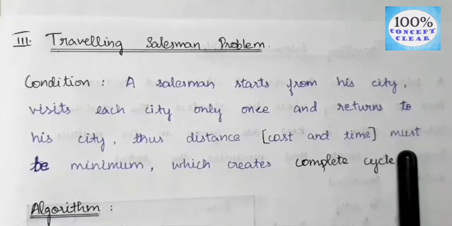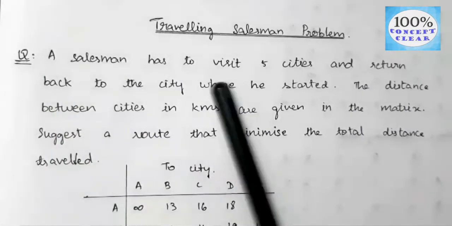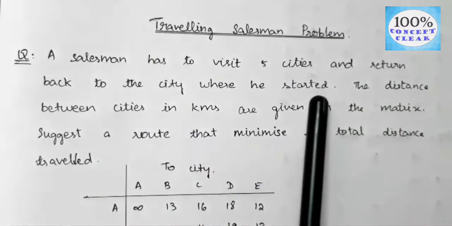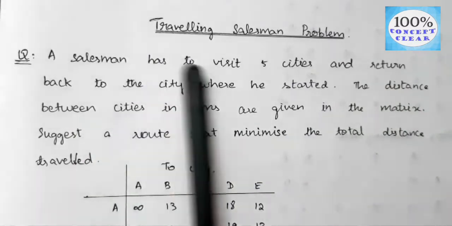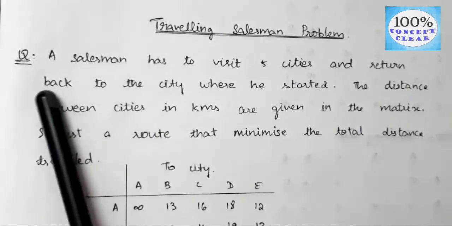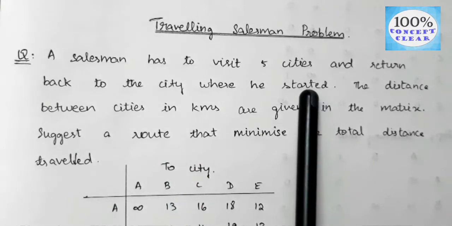So let's see this with one example. See the question. A salesman has to visit 5 cities and return back to the city where he started. So a salesman is going to visit 5 cities and finally he is going to return back to the city where he started. This is what we have seen in the condition.